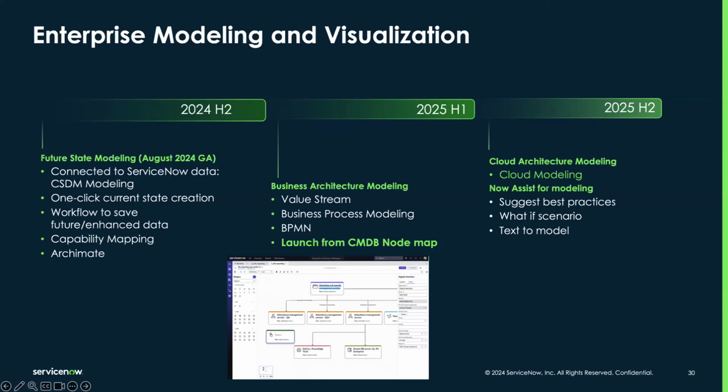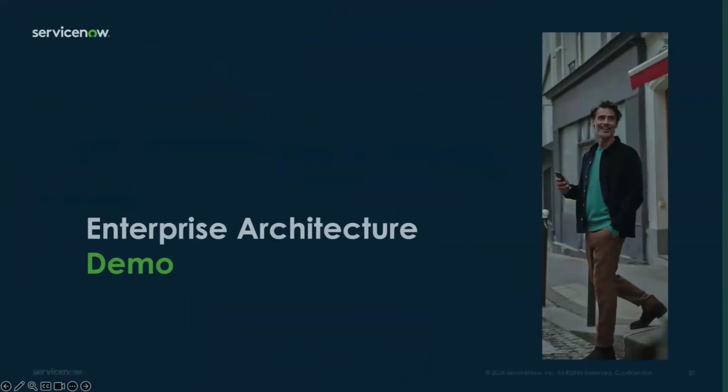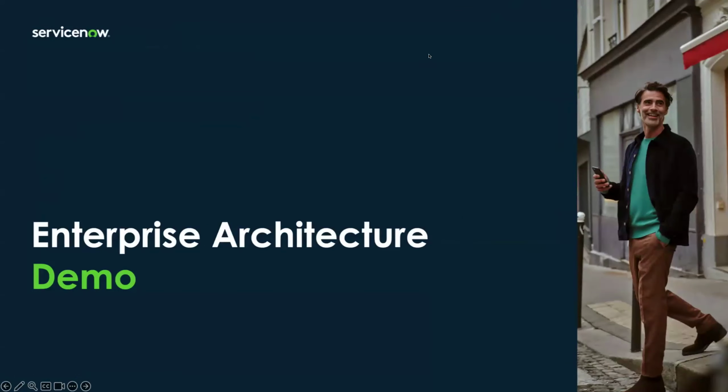And in the later half of 2025, we're going to be launching cloud architecture modeling. This is all around that cloud acceleration journey. And then we have some plans for providing Now Assist or AI capabilities within modeling too. With that said, I'm going to switch my screen to start the demo.